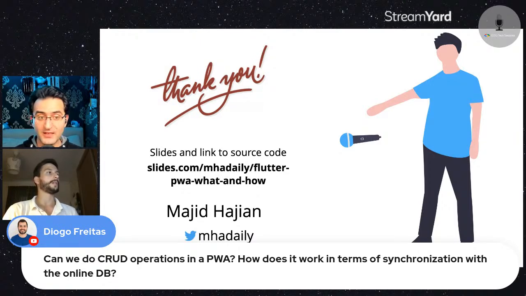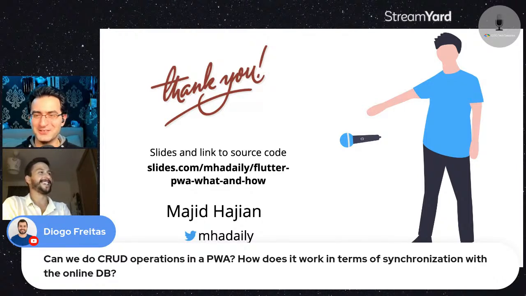So here is a sync. But what if your online DB is off? That's fine. You already cached it once, so you can at least show your user some data, right? So there are a lot of possibilities, to be honest. I can give you, maybe by the end of the week, a lot of examples of how we can use service workers.